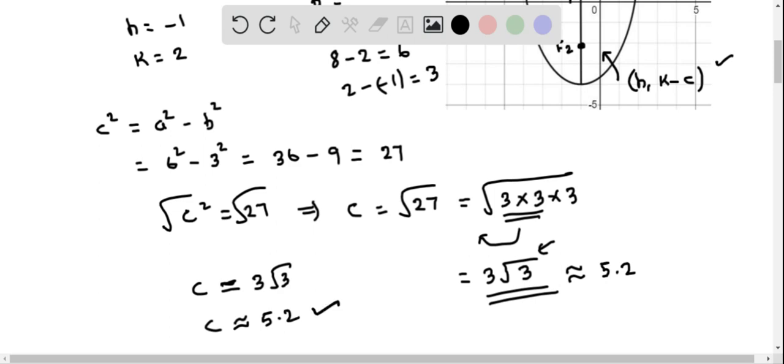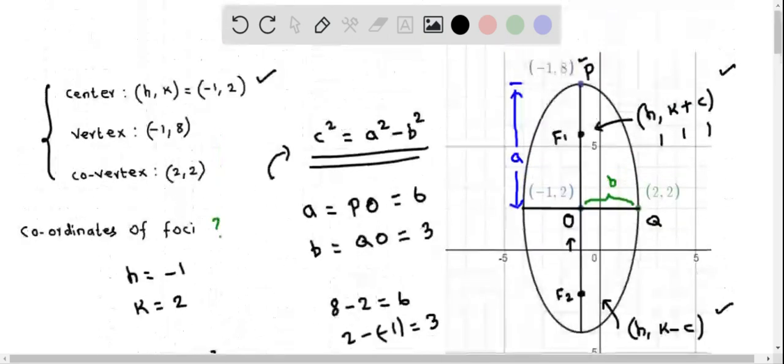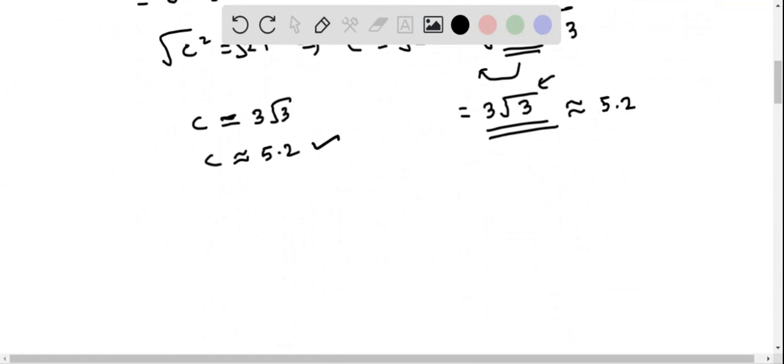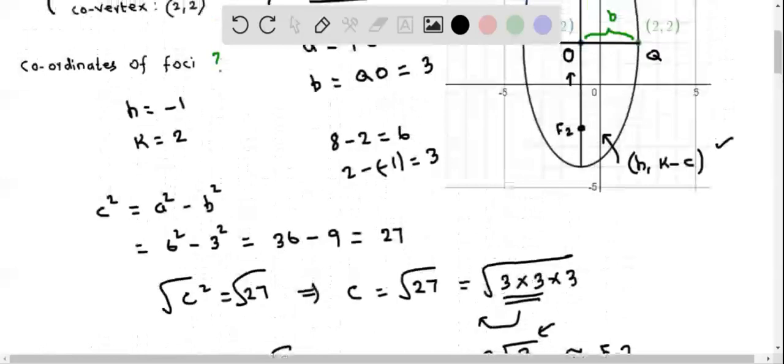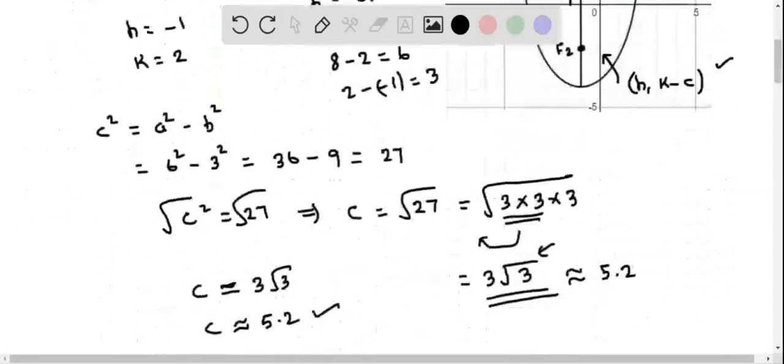So now we have determined the value of C, which means we can determine the foci, that is F1 and F2. So let me write the coordinates of foci, that is F1 is H comma K plus C, and we'll substitute the value of H, which we are already given, that is H is -1.